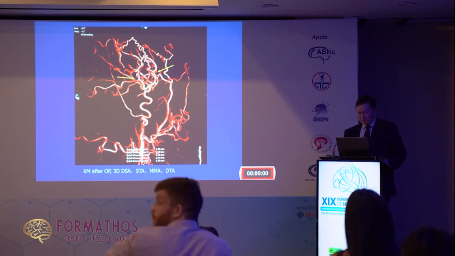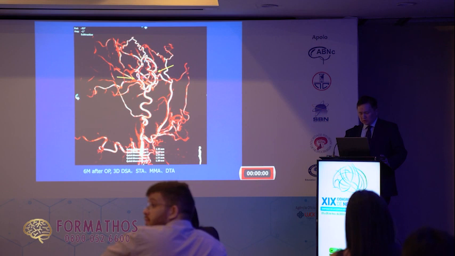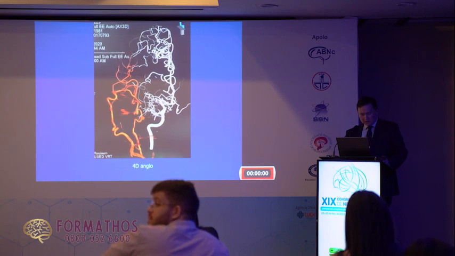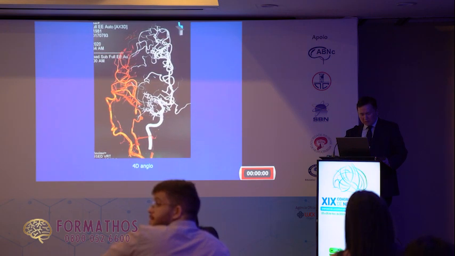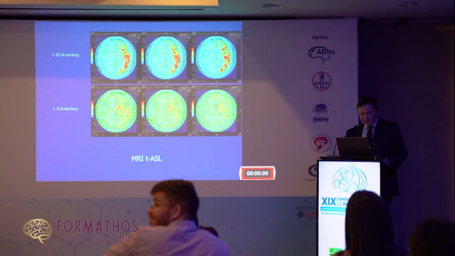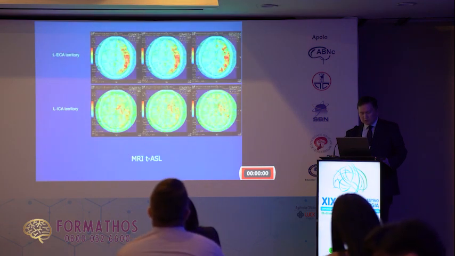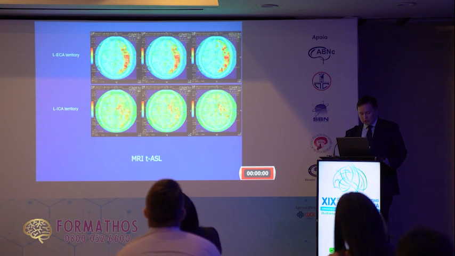But at the same time, the middle meningeal artery and deep temporal artery also feed the indirect bypass. This is a 4D angiogram after the bypass.